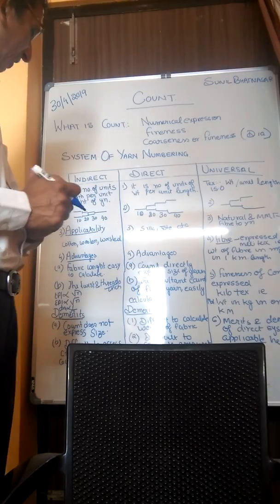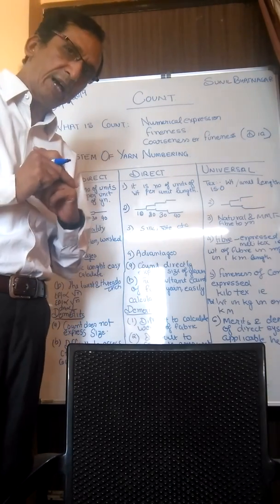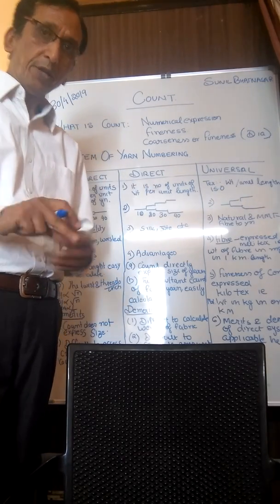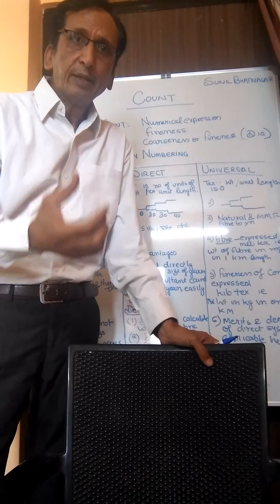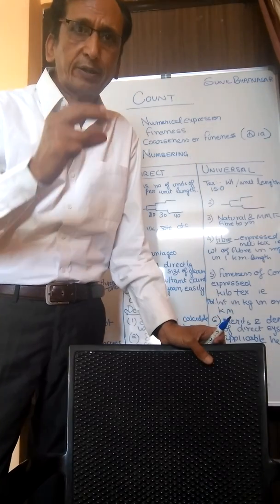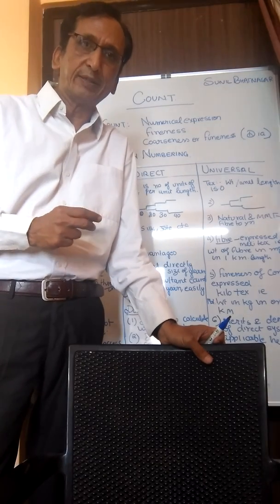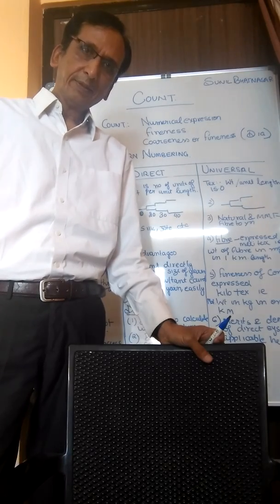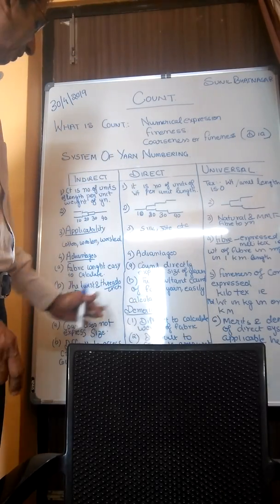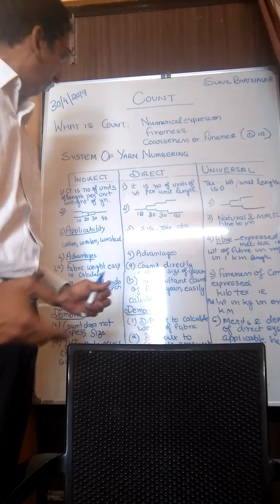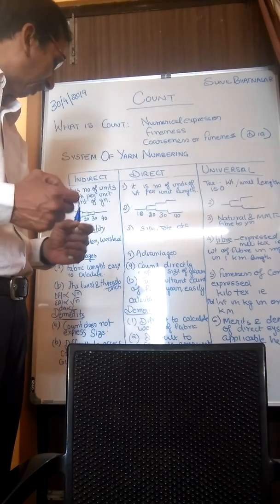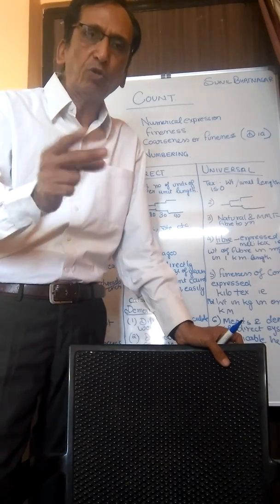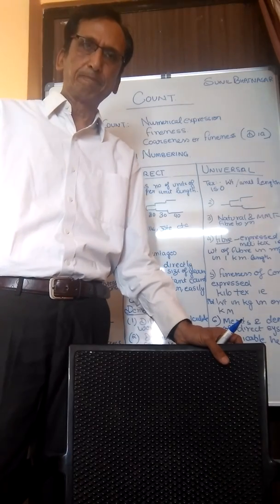Now what are the demerits? The count does not express size, because it is not necessarily so that a bulky yarn or one of thick diameter is heavier. So count does not express the size. This is the first demerit of the indirect system, and the second is that it is difficult to assess the count of ply yarn where the individual yarns are of different counts.